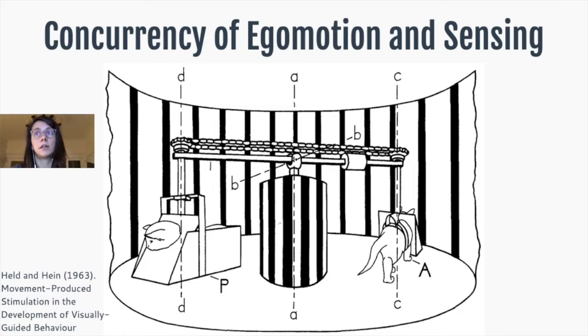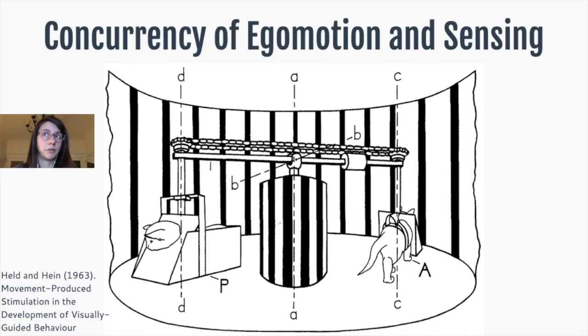On the right side of this setup, you have an active kitten. That means that this kitten is actually walking through this environment while being connected to this carousel. And this carousel on the other side has a basket fixed to it, and in this basket there are the passive kittens.